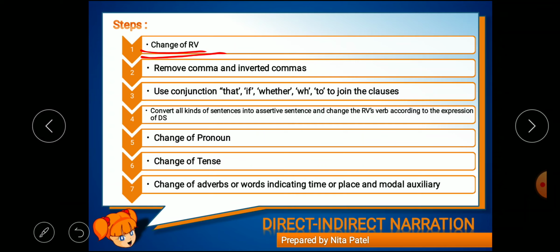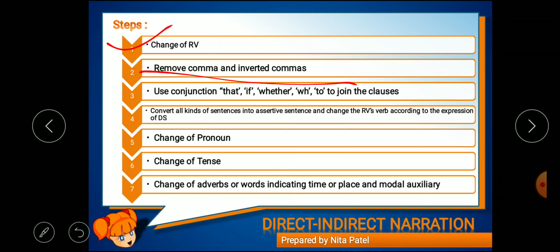If there is an object, that means if "said to" is there, then in those circumstances we have to use "told". And if the object is not there, then we can go for "say". So that is the first step.